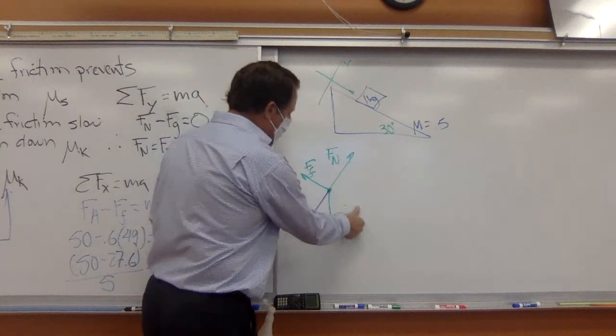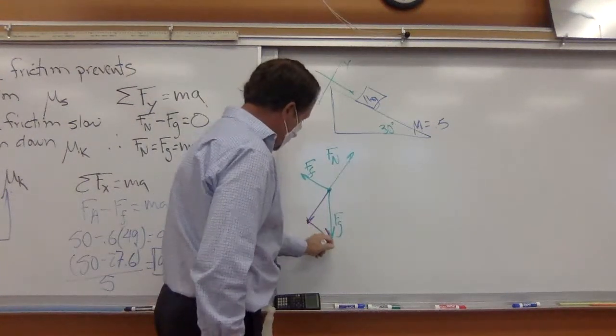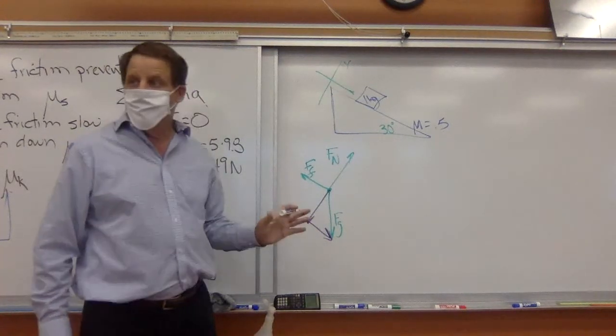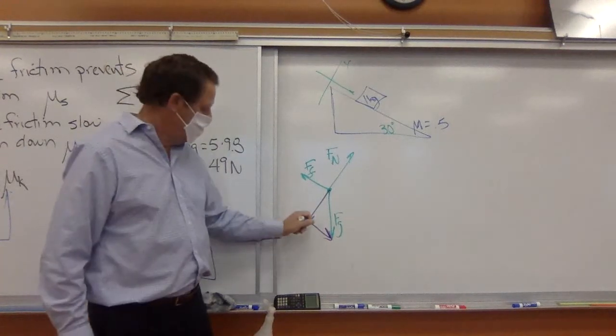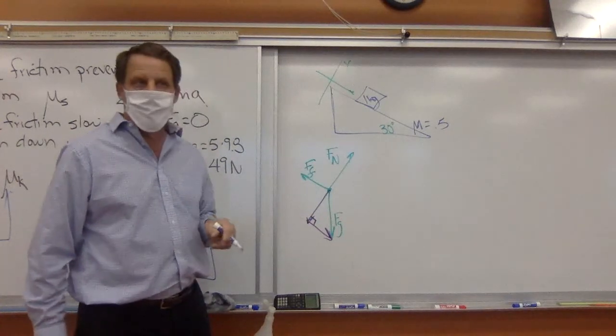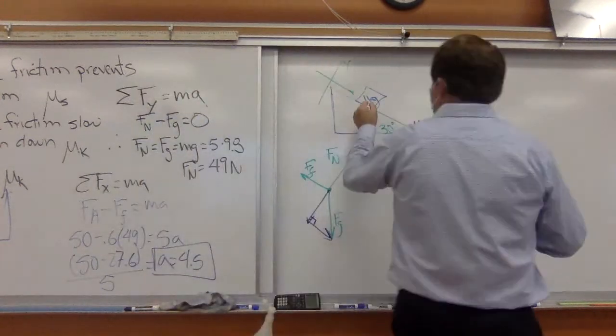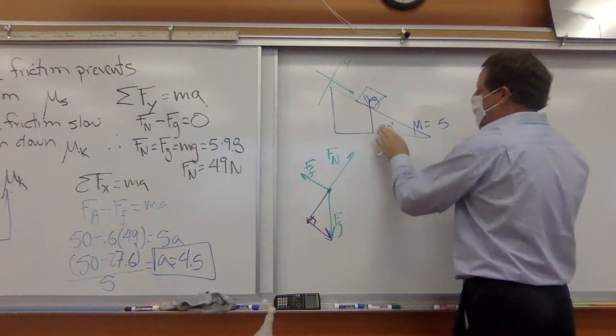Now, it's probably a little bit easier to see if we put this vector right there. So we know that we're going to break it up using trig. So that is going to be a right angle because we're going to have X and Y, okay? And I'm going to draw it right here.